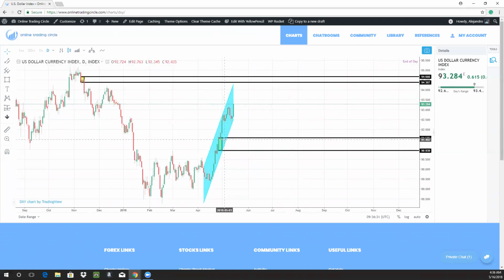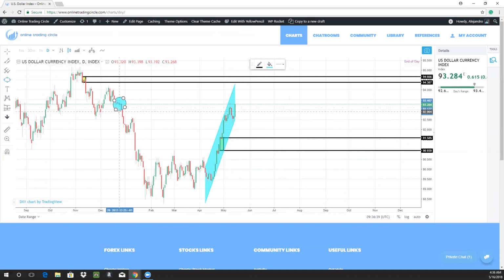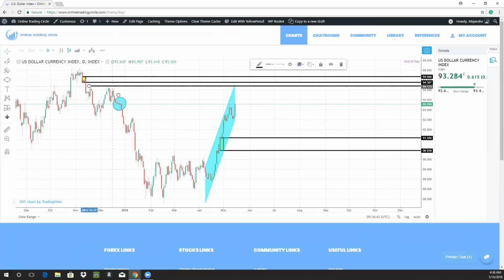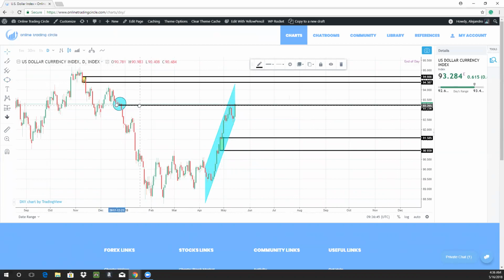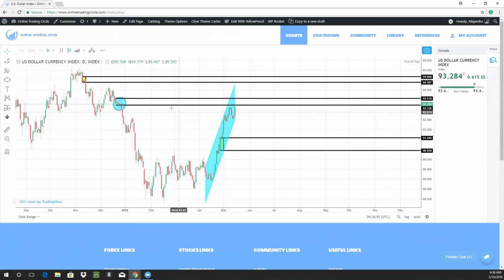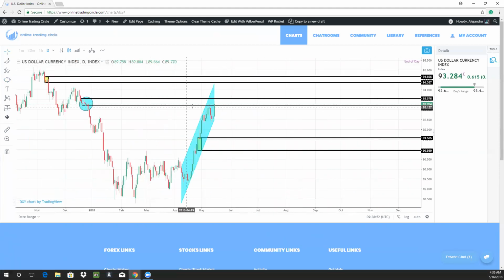We have some demand here. We took out a very good supply level, which was right here. We haven't taken it out completely, but it definitely tested the level. You see how it touched the level and it corrected a little bit. I don't see this level stopping it at this point.